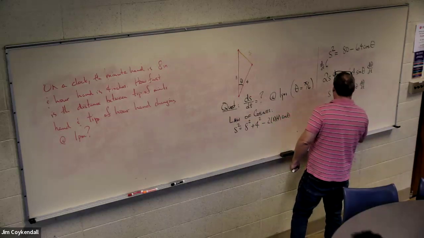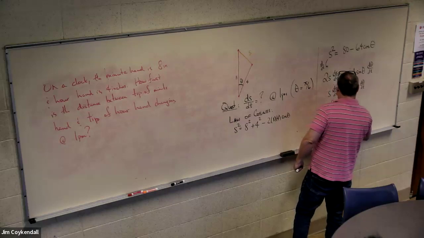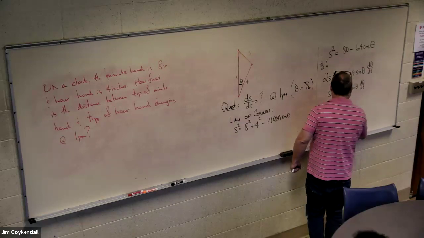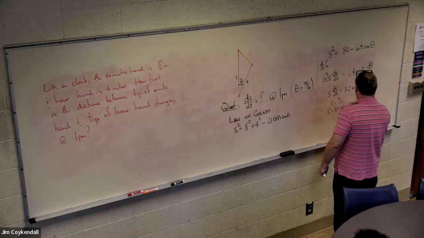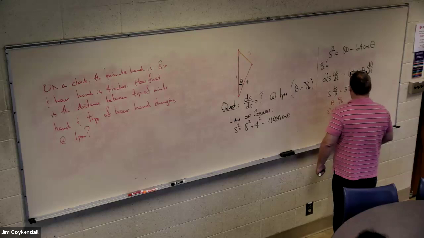And S squared is 80 minus 64 cosine of pi over 6.